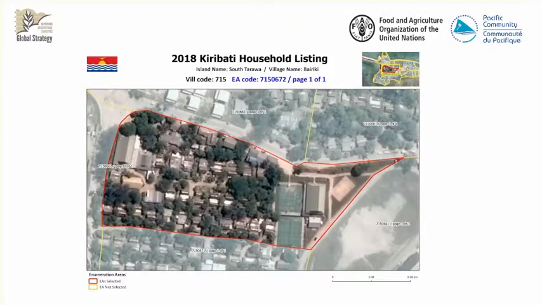So what can be improved? So let's talk a little bit. So you see this enumeration area, and what would you improve in the boundaries? Are they following landmarks? So if you, as an enumerator, okay, you have your paper map.